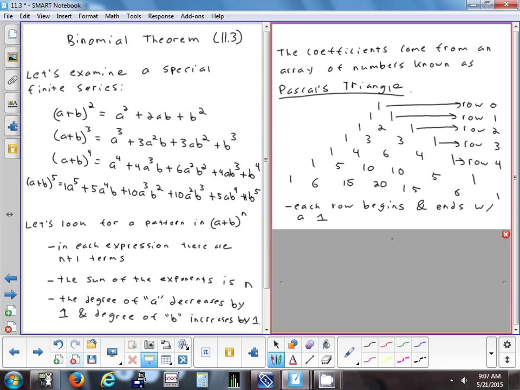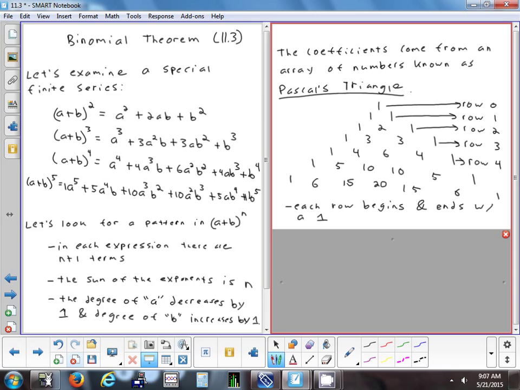So if you want to raise something to the 4th power, you're going to go to row 4, but that assumes you're starting the first row as row 0. So if we want to cube something, we'd use the numbers 1, 3, 3, 1. 5th power: 1, 5, 10, 10, 5, 1. Just make sure your first row is row 0. If you don't start with row 0, it's going to throw everything off by 1 and mess us up.